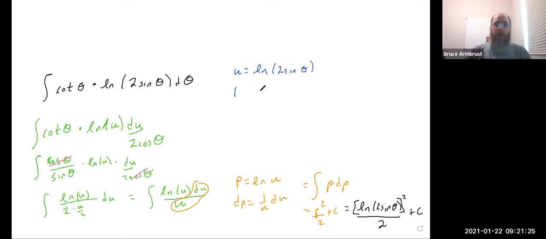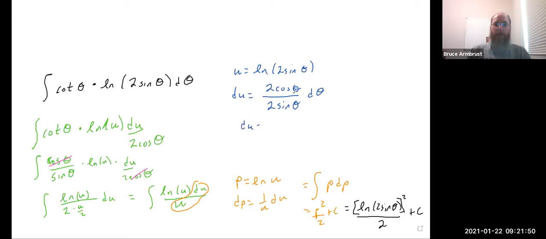Now when we differentiate, remember with natural logs, you take what's inside the log and put that on the bottom. And then you take the derivative of what's inside and put that on the top. Well, the derivative of what's inside is 2 cosine theta. So we get du equals 2 cosine theta over 2 sine theta d theta. Obviously the 2's cancel.